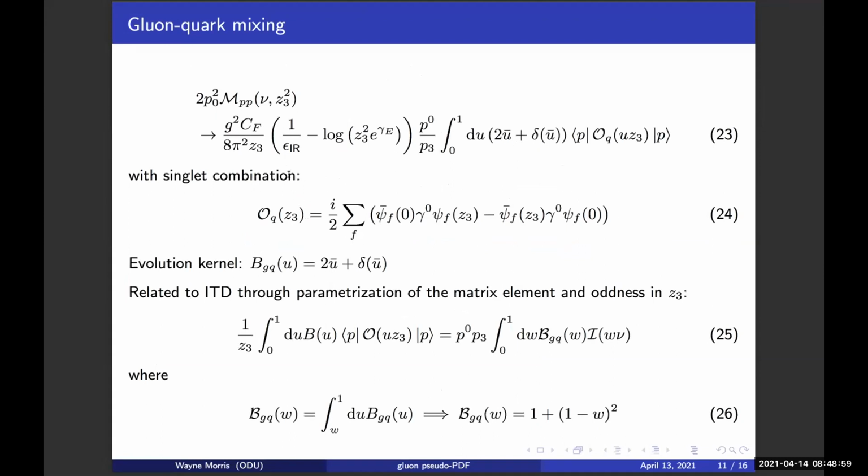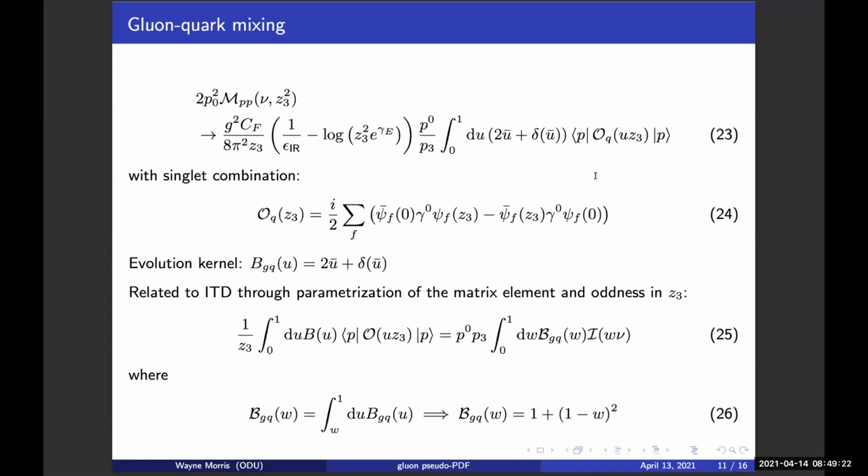The next thing to talk about is the gluon quark mixing. This is the result you get, where this operator is a singlet combination of quark fields, and where F is, of course, the sum over those with evolution kernel. Again, what you'd usually get from the coordinate space calculation.